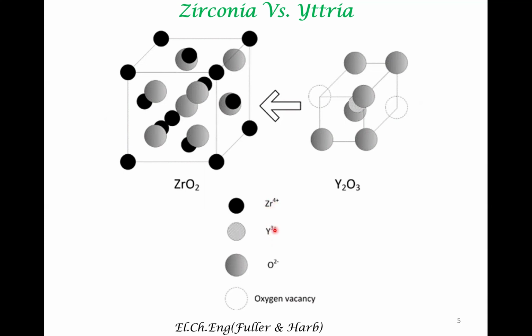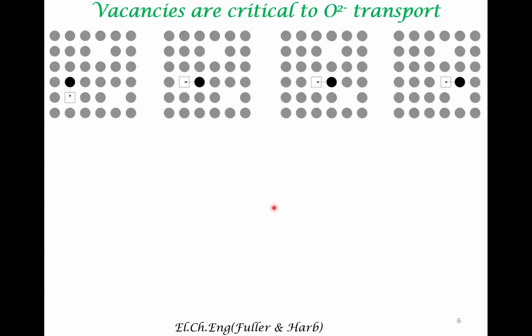This is called aliovalent doping, as opposed to isovalent doping. When you do dope isovalently, if the host cation has 4+ charge, the dopant that is substituting also has a charge of 4+. In an aliovalent doping, there is a charge mismatch between the dopant and the host cation.